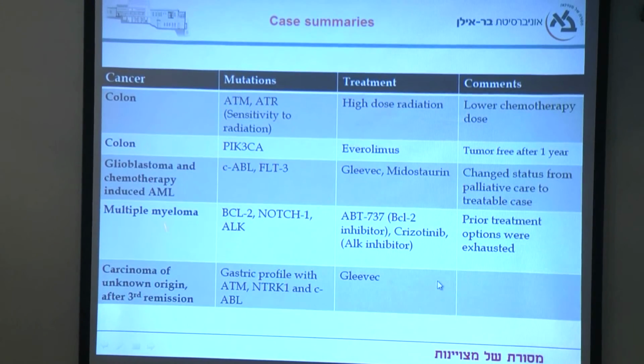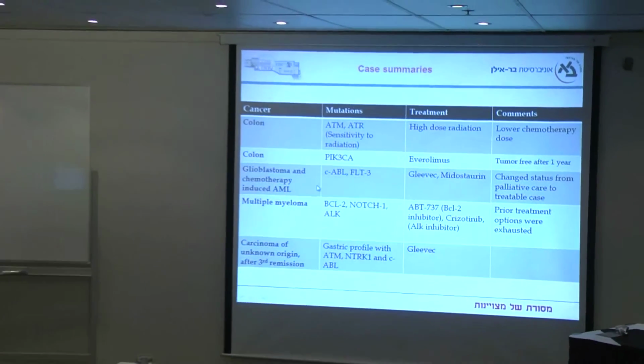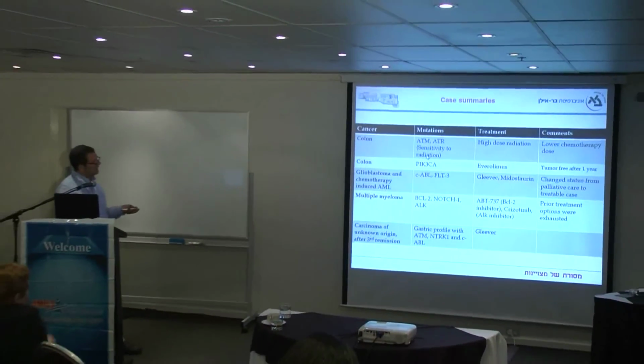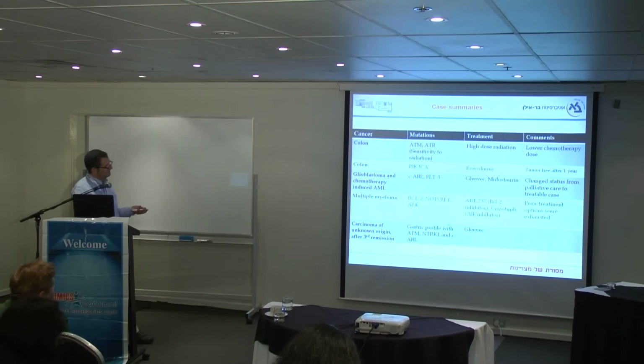So basically, at the end of the day, it boils down to cases which are ultimately untreatable, and then they come to you. You find new mutations, and a significant hindrance to this methodology is interpreting the results.